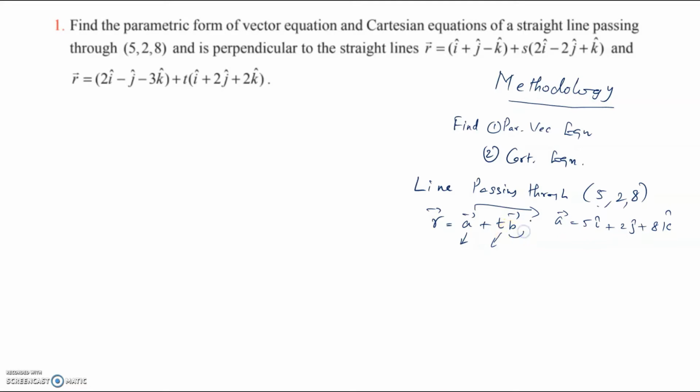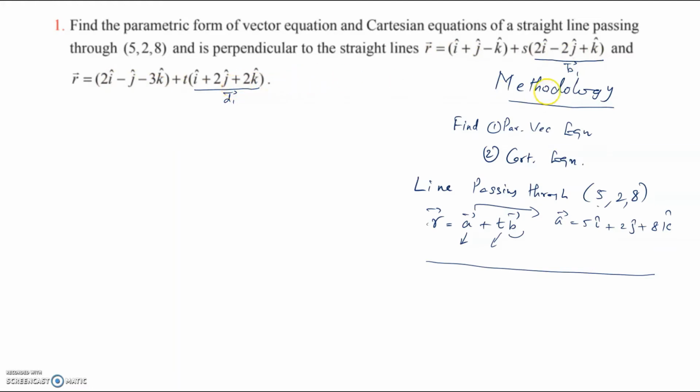Now, vector B is parallel to this line. Now, this line is perpendicular to these two lines. So now we know that this vector here, which we can define as, let's say, B1 vector, and this as D1 vector. B1 vector is parallel to this line and D1 vector is parallel to this line.